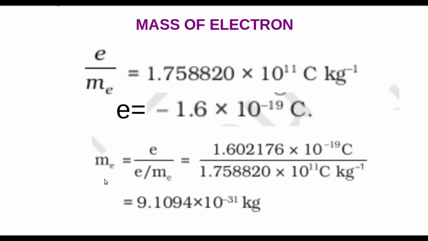Therefore the mass of the electron can be calculated as charge divided by the charge per mass ratio, which is equal to 1.602176 × 10^-19 coulomb divided by 1.758820 × 10^11 coulomb per kilogram. Thus, the mass of the electron is found to be 9.1094 × 10^-31 kilogram.